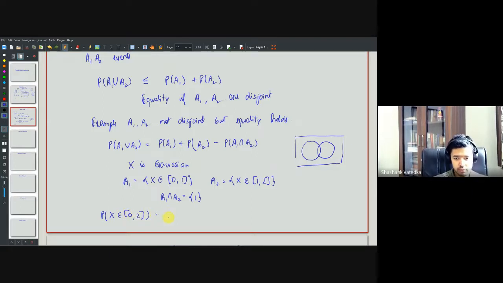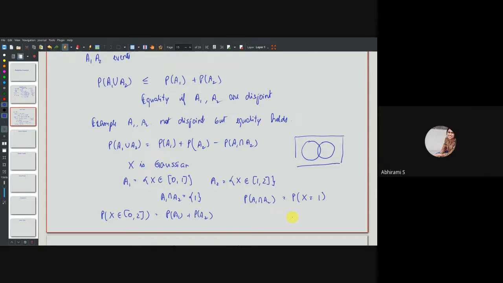So this is the probability of A1 plus the probability of A2. But then what is the probability of A1 intersection A2? It is the probability that X is equal to 1, right? But what is this equal to?